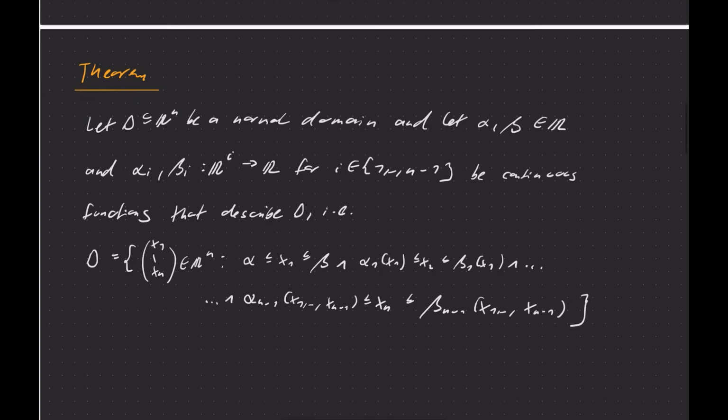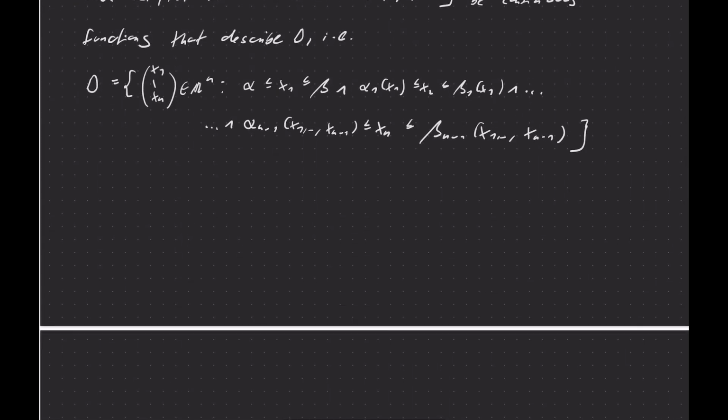So that's the description of our normal domain. And the theorem says then a continuous function over that normal domain is Riemann integrable, and the integral can be evaluated by just evaluating the parameter integrals with variable bounds in the right order.